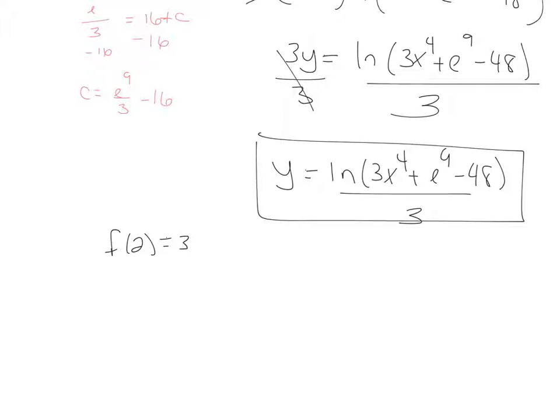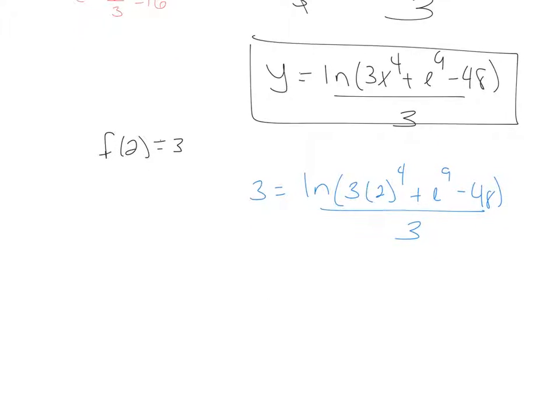So what I'm going to do is plug in the y for 3 and the x over here. So 2 to the fourth plus e to the ninth minus 48, all over 3. And what I believe happens here is I get 3 equals ln of 48 plus e to the ninth minus 48.